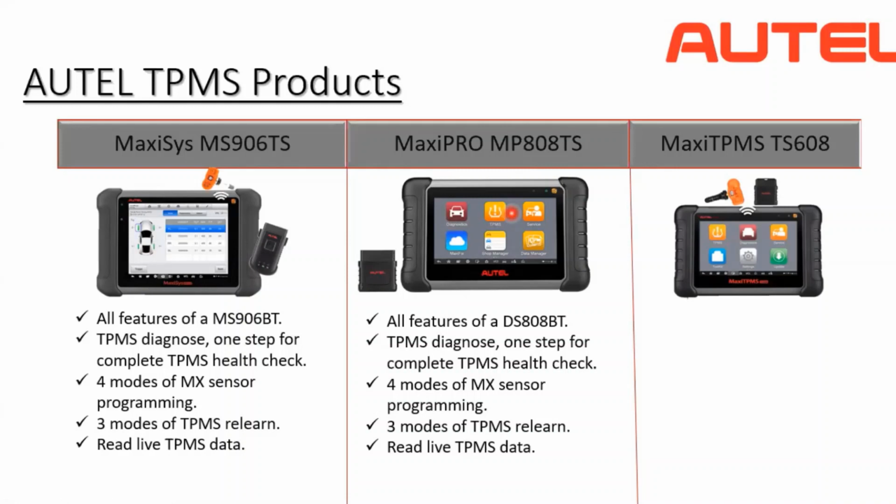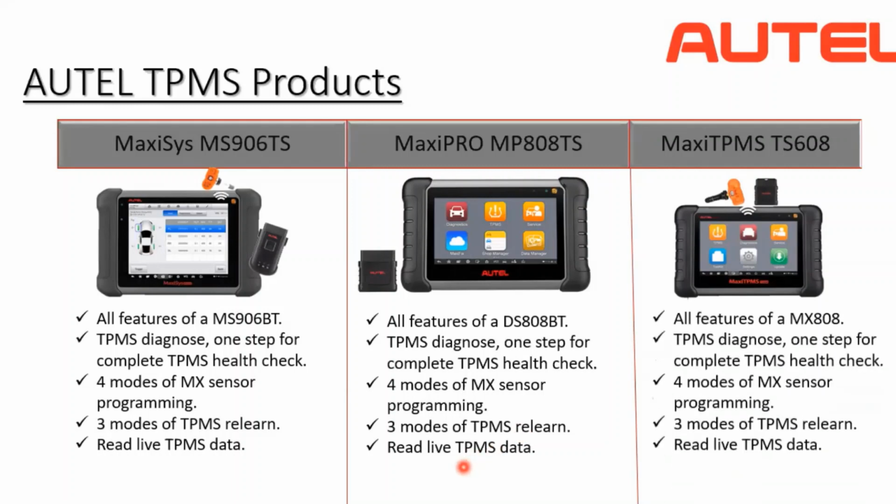This model MP808TS has all the diagnostic capabilities of a DS808BT, even that's a bidirectional tool. And it has all the TPMS features of the MS906TS as well, like a TPMS diagnose, one step for a complete TPMS health check, then 4 modes of MX sensor programming as I've discussed before, and 3 modes of TPMS relearn, and it also reads the live TPMS data.